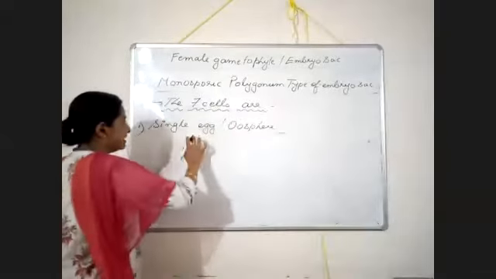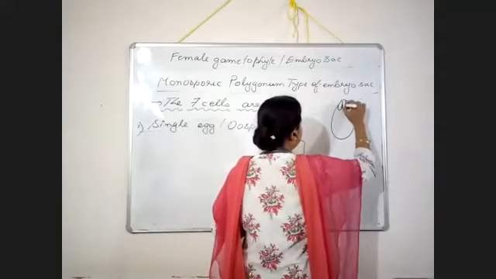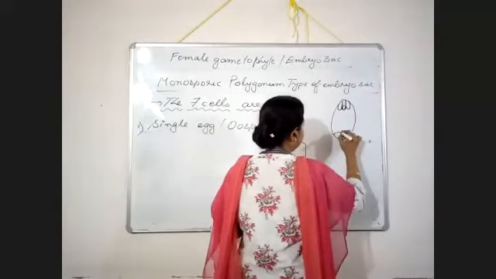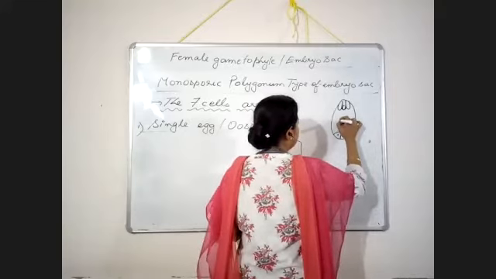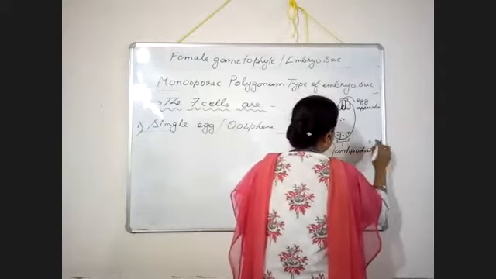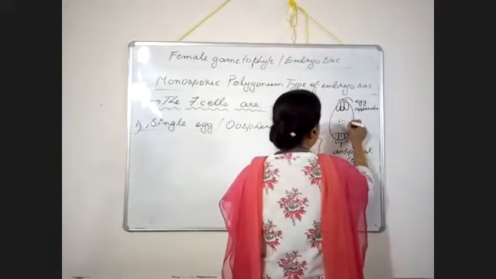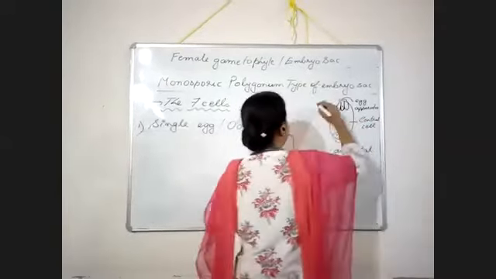So out of the 7 cells in that embryo sac structure, suppose we have this one as the egg cell, this as the antipodal cells, and this one is the central cell.